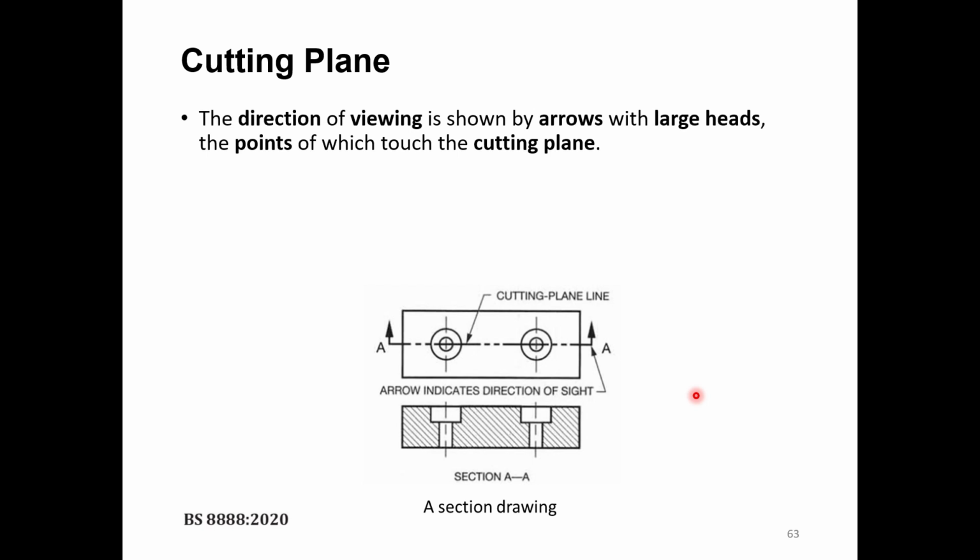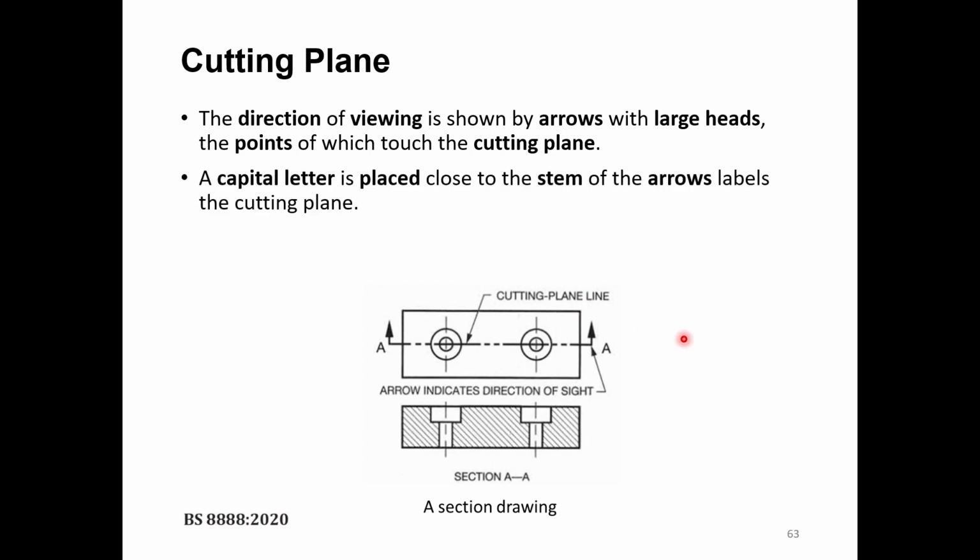So the direction of viewing, as I said, is shown by those two arrows with large heads. And we normally write capital letters near the arrows, like AA, for example, so that you just write here section AA. So whenever somebody reads the drawings, he or she understands that what you see here is the section at AA.